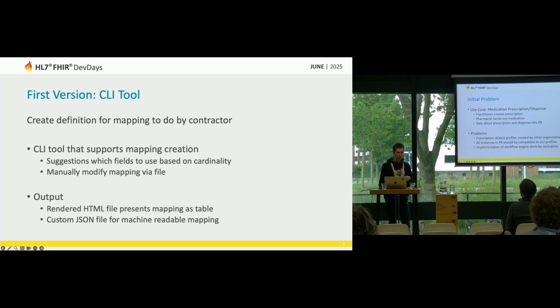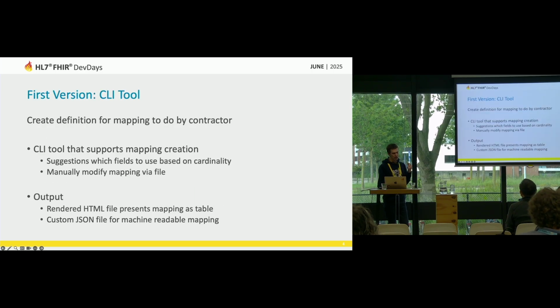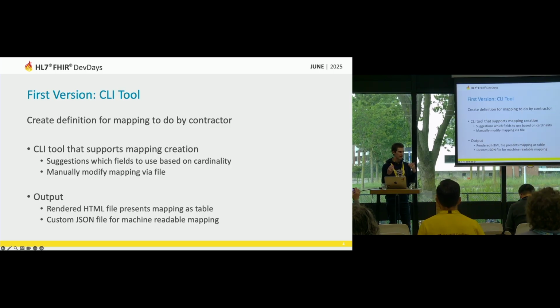To support this, we started with a CLI tool that allowed us to put in two profiles and then make some suggestions for how the mapping could look, based on how compatible those profiles are, like how the cardinalities look and something like this.